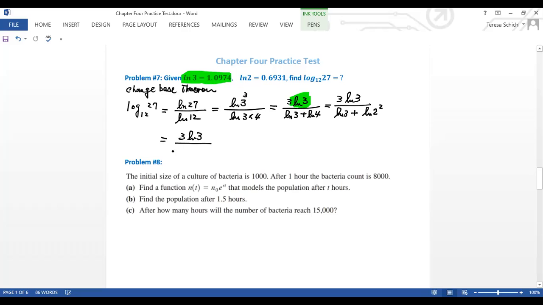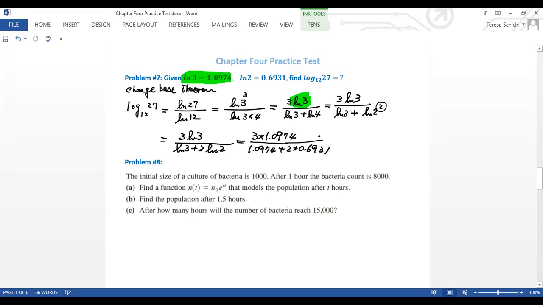So this is natural log 3, and then the exponent I can move to the front, so I have 2 natural log 2. Now I've changed the whole expression into natural log functions. Now you just substitute: 3 times 1.0974 over 1.0974 plus 2 times 0.6931.